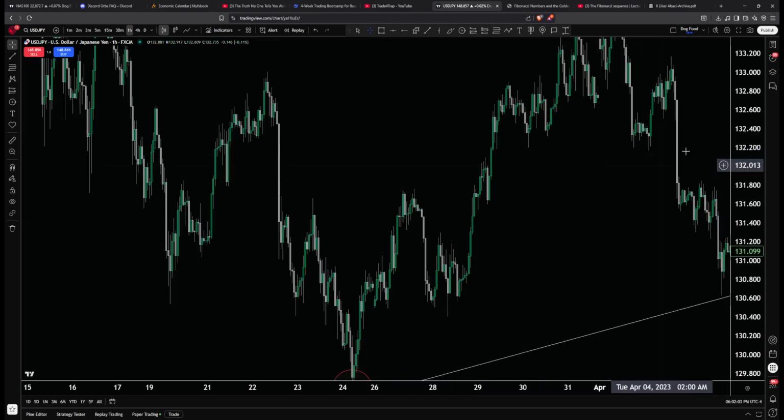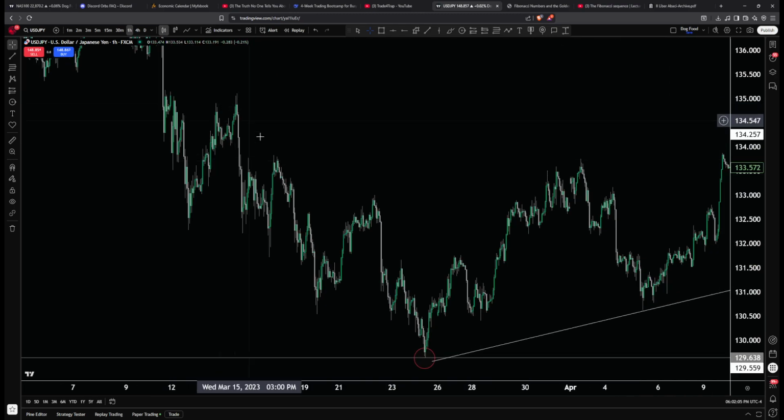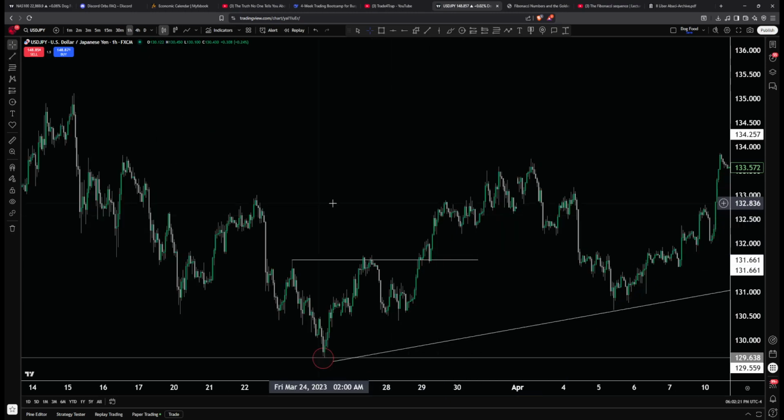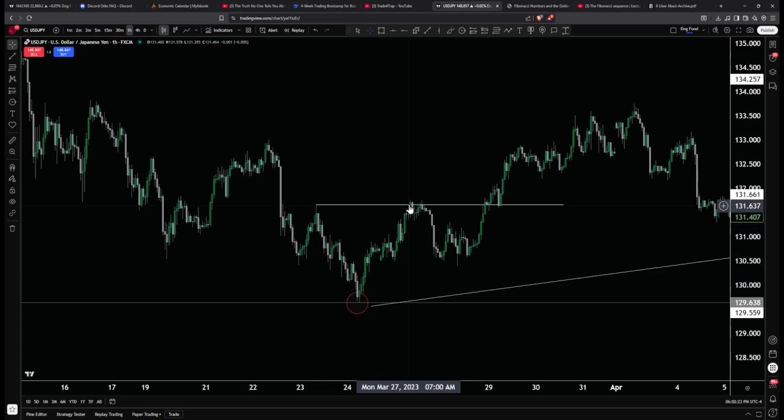So we have the market coming out of a downtrend, and then we have this high right here that gets traded above. Okay, so I'll just extend that through. Now, when this high gets traded above, it closes below and then it retests it and it starts coming back down.